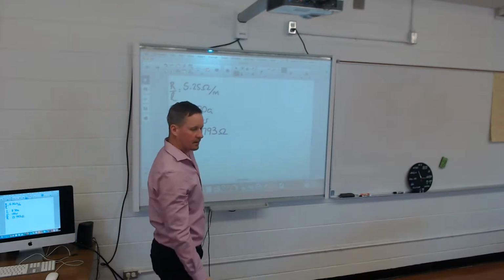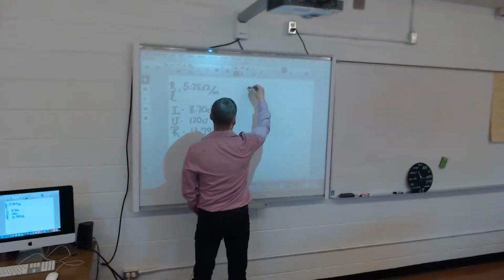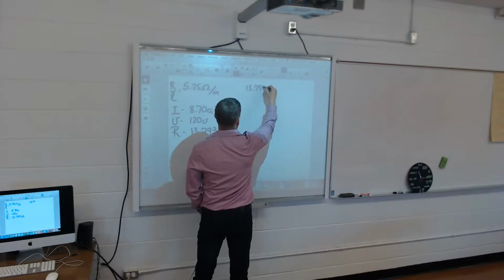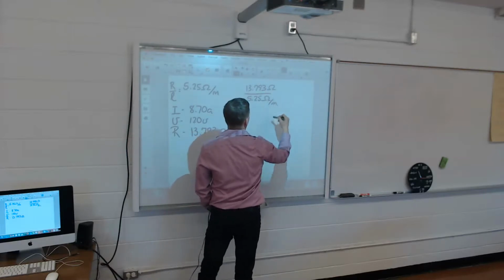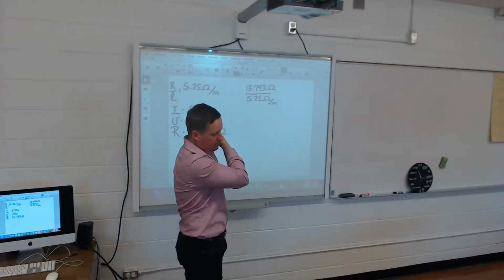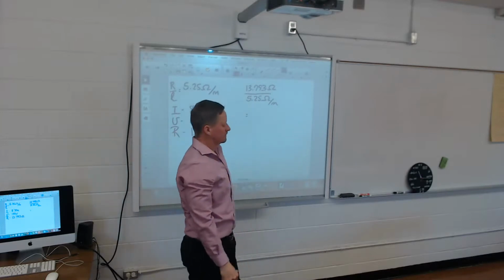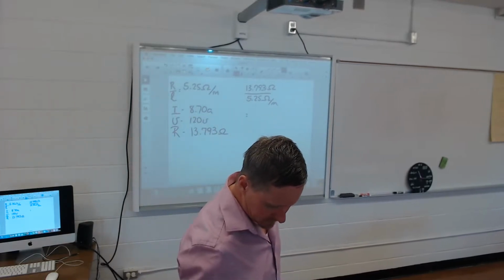Now you divide that value by 5.25 ohms per meter, because for every 1 meter you need 5.25 ohms. So you get 2.627 meters, and that's your answer.